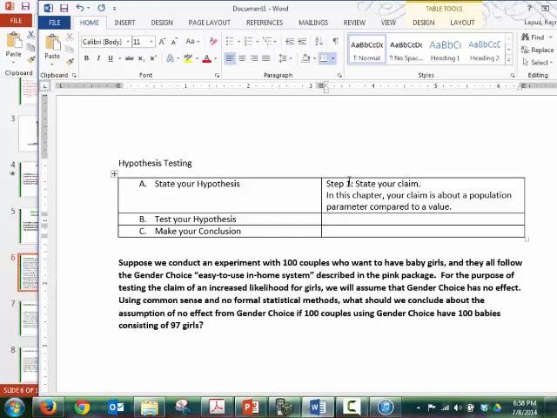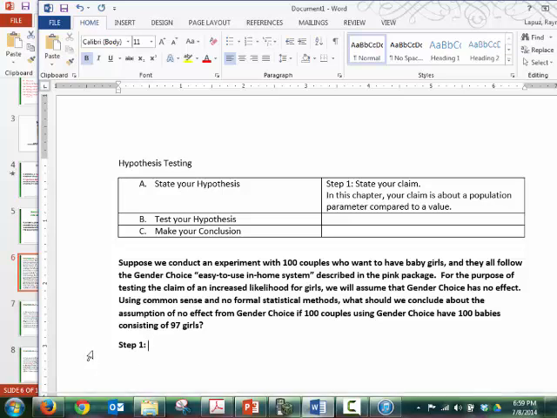So, if we were to do this as an example, what could be a claim here in this example? It has an effect, so the gender choice has an effect, and you've got these pink packages. What can you say about this particular scenario? What would be a good example of a claim?